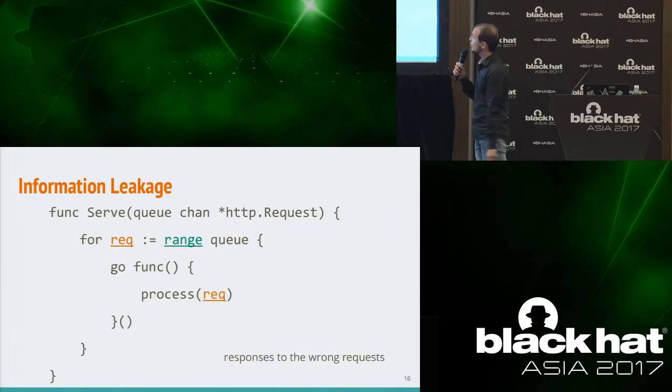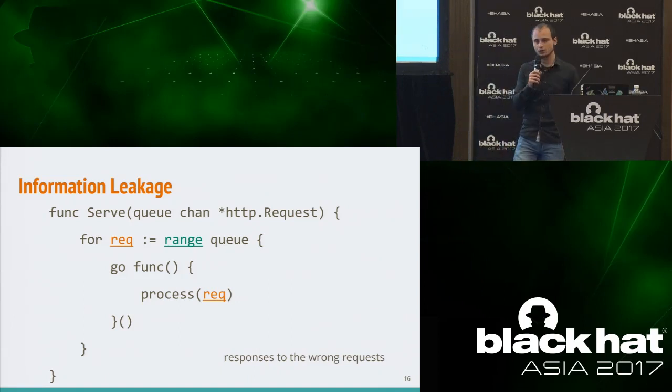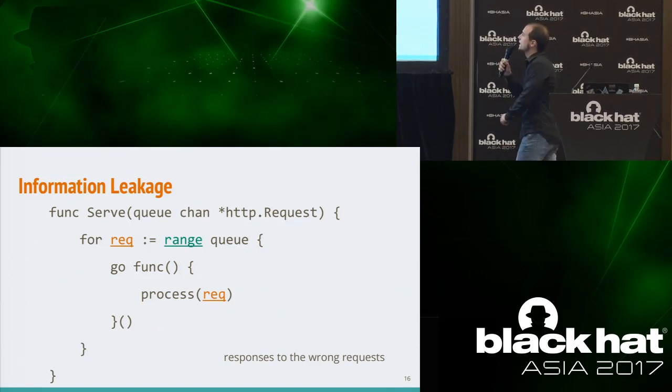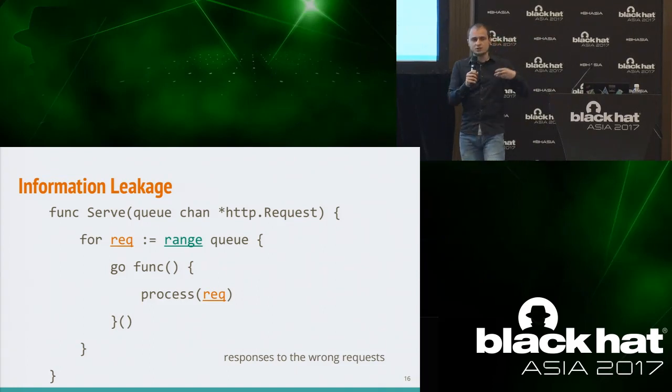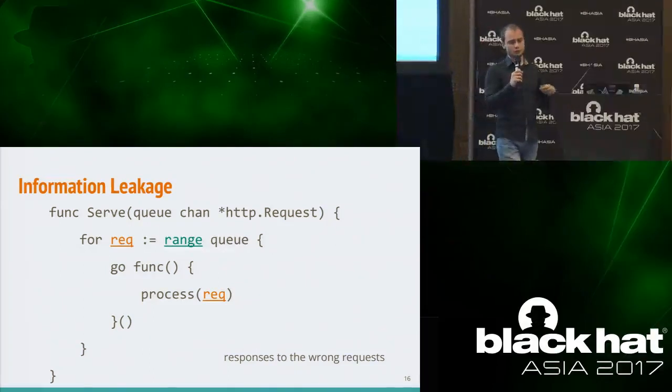So, one example. This is one very simple serve function that you could see in an HTTP server that just gets a channel of HTTP requests and ranges over it in order to process them.